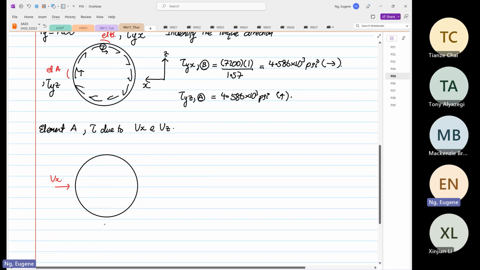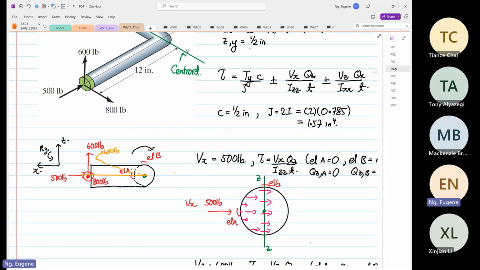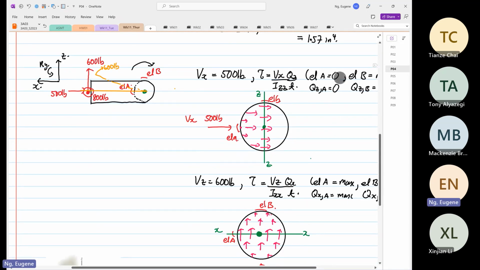And then Vz, right? I'm going to check. Yeah. Vz is in that direction.